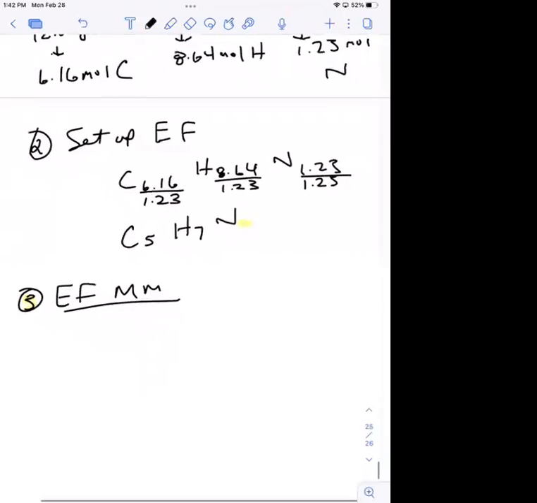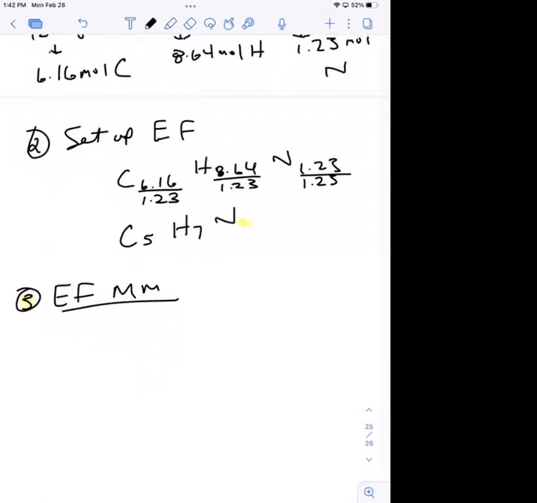All we're going to do is take this formula right here, and we got 5 carbons, 7 hydrogens, and 1 nitrogen. And then we're going to sum it all up.